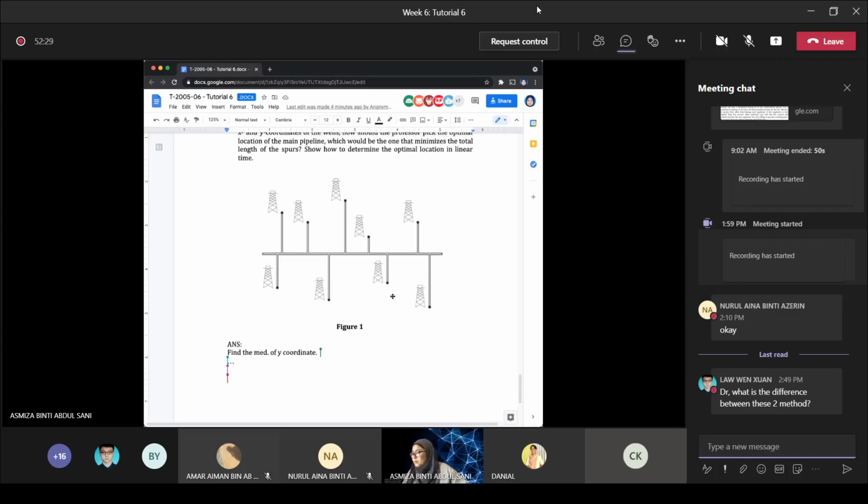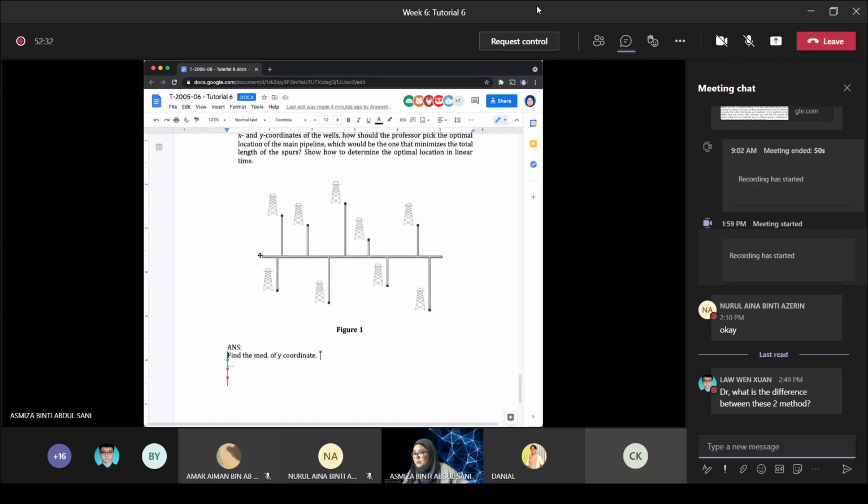Okay. So we know that our main pipeline has to cut across all the wells equally. So one of the solutions may be to find the median of the y coordinate. If you find the median of the y coordinate, you should be able to find one coordinate that will divide the wells equally north and south. Does that make sense?